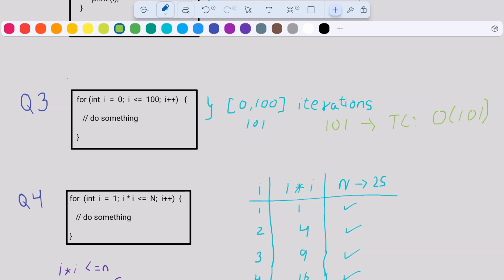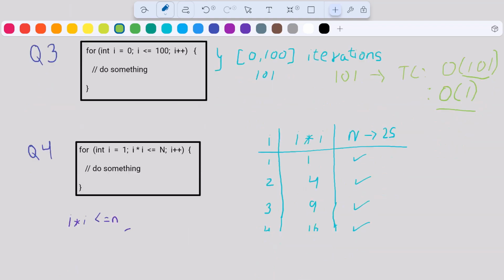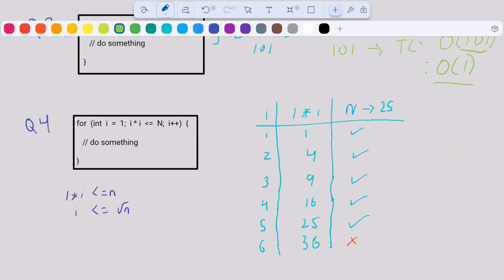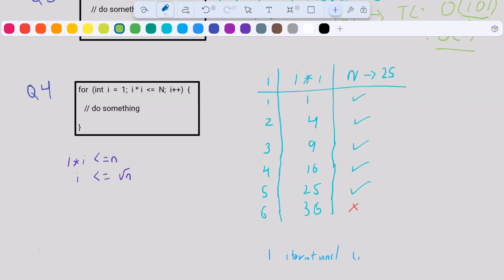But when there is a constant, we just write the time complexity as order of 1. Whenever there is a constant written in the order big O notation, we just replace it with order of 1. Okay, now let's proceed further with some other example.